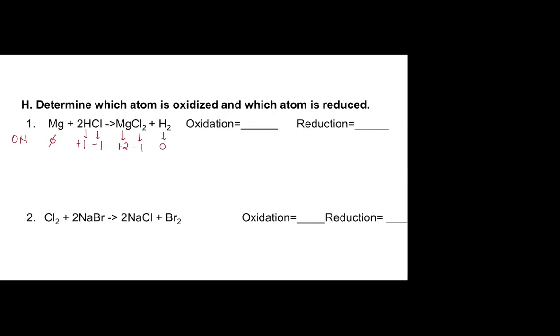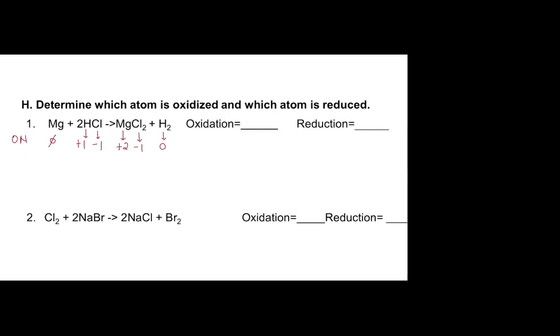There's a question in the chat: is the first one always positive and the second one negative? If we're talking about an ionic compound, yes. The first one is positive and the second one is negative.